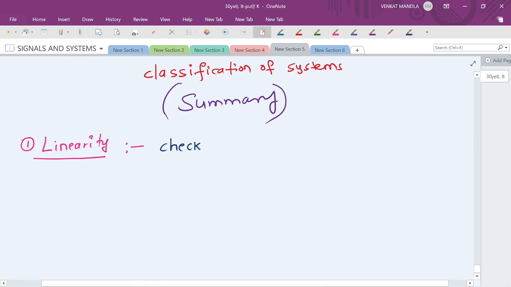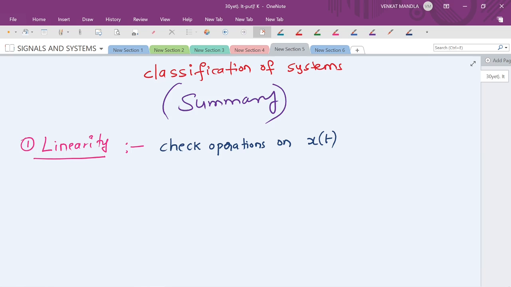Check operations on x(t) input. This is what we have to check for linearity. If operations on x(t) are there, then the system is nonlinear. If not, then the system is linear.